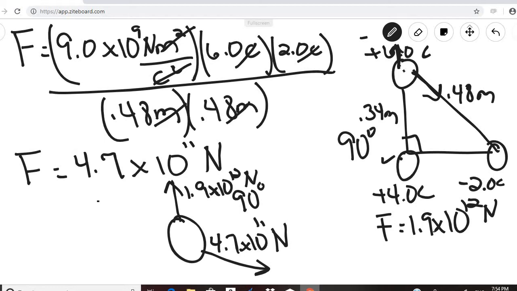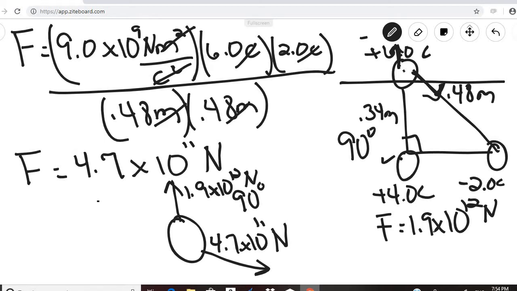So if this was a 45-degree angle here, then it would essentially be 360 minus 45.